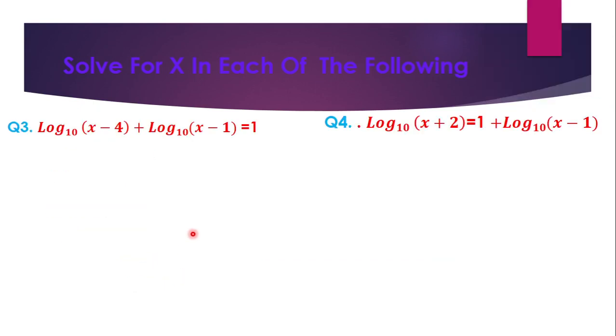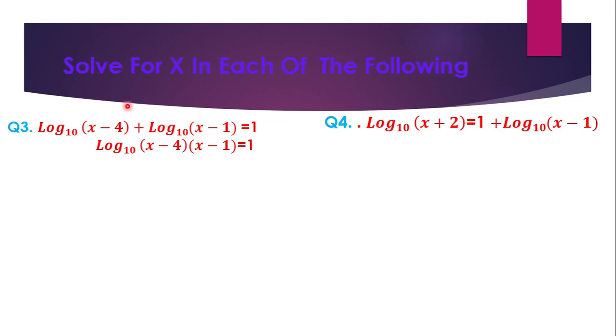So we need to solve for x in each of the following as well. Now here you might need to pause the video and go back, just try to go through lots of logarithmic functions and then come back so that we can be on the same page. So let's get started. We know that when you're adding two logs, the first expression we have is log of x minus 4 inside the brackets base 10 plus log of x minus 1 base 10 is equal to 1.